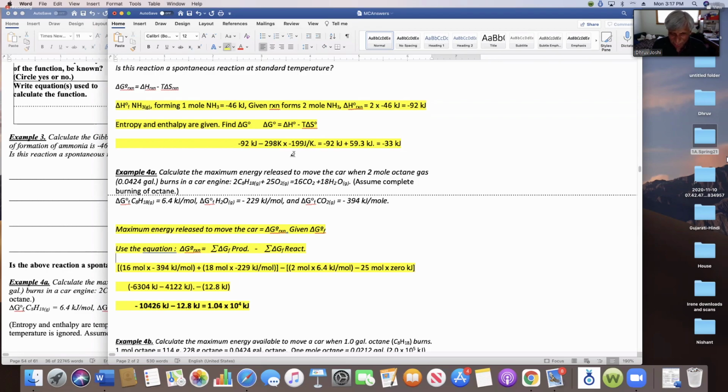We are in luck because the Gibbs free energy of formation of all elements is 0 at 25 degrees Celsius in their natural state. So O2 is 0. We write down 25 moles multiplied by 0 kilojoules. This is something to write down.